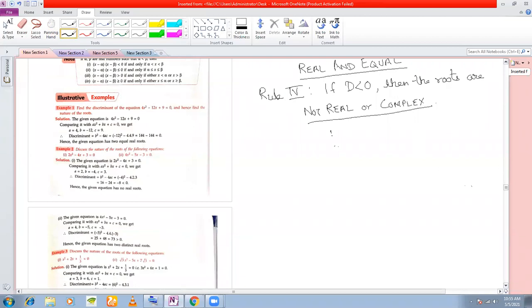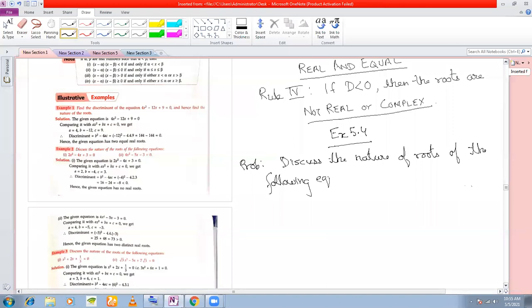This is exercise 5.4. I'm going to write the problem here for your convenience. You locate the problem number in your textbook. Discuss the nature of roots of the following equations.